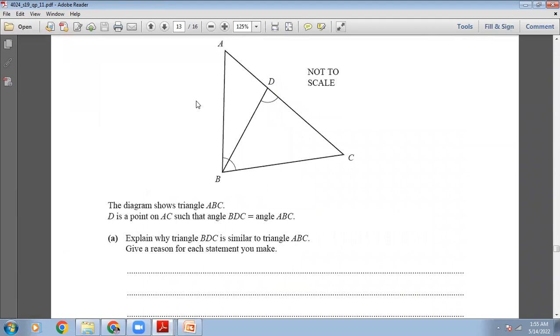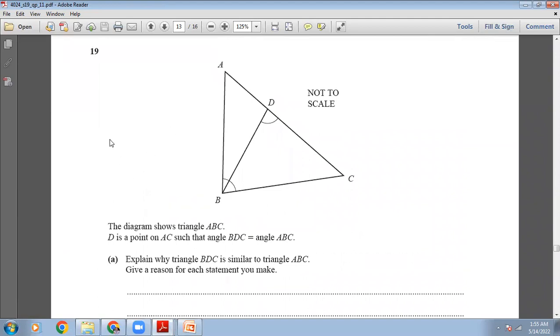Okay, here we have the diagram showing the triangle ABC. D is the point on AC such that the angle BDC and the angle ABC are equal to each other. Explain why the triangle BDC is similar to the triangle ABC.